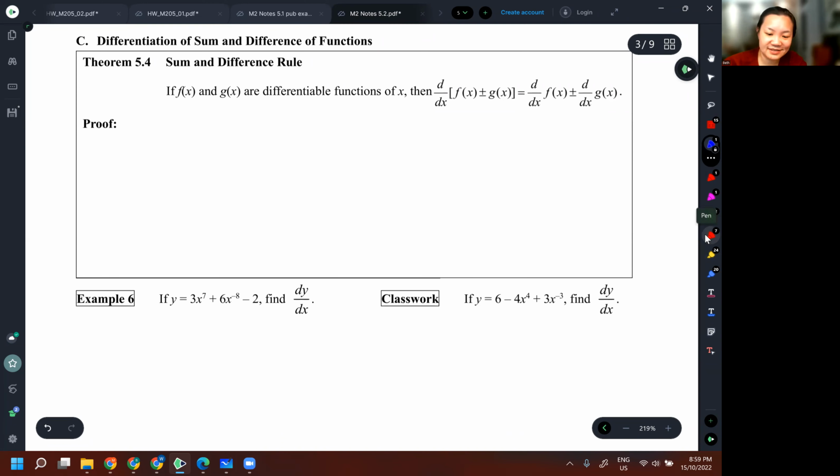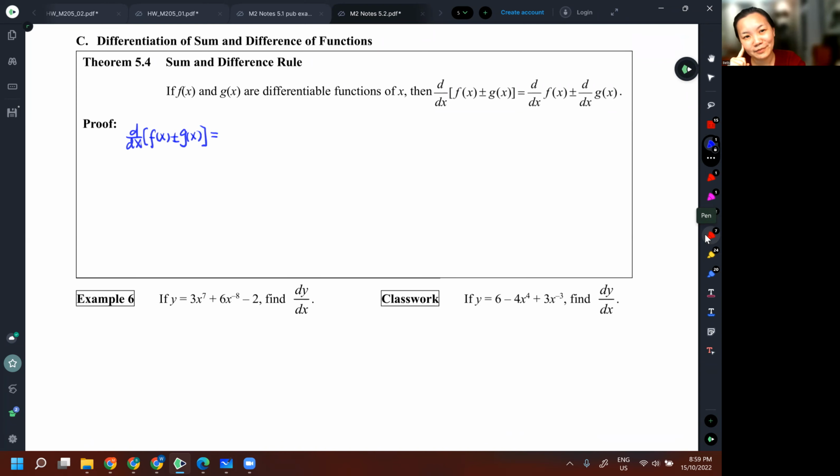I will prove it. d/dx of f plus or minus g is equal to, should I write that? Maybe just plus. I wonder whether or not later on the minus will be different. I'll prove one of them.